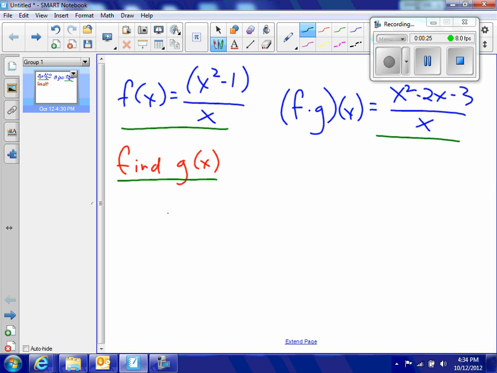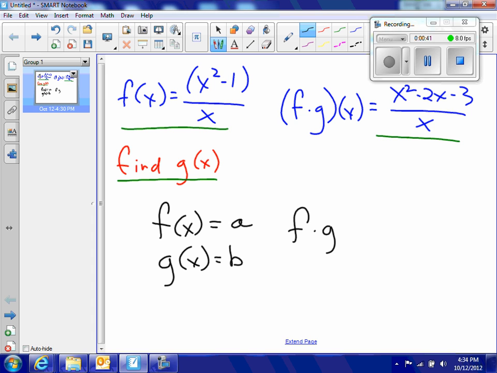If I had f of x equals a, and I had g of x equals b, then f times g of x would simply be a times b.